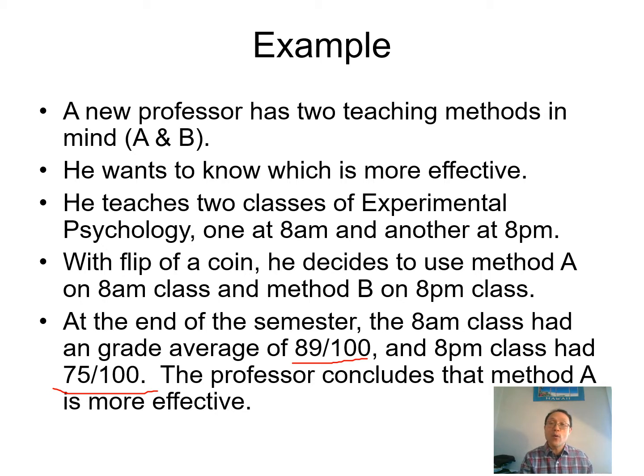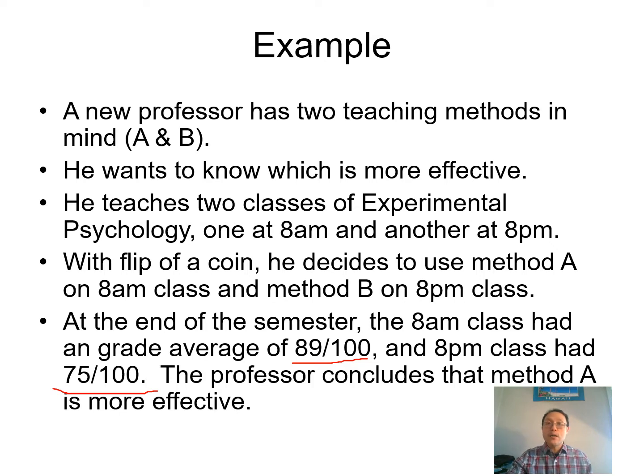They can focus only on schoolwork. So there are various types of reasons that could contribute to these different grade averages of 89 versus 75, right? It's not necessarily the teaching method, but rather it could be other explanations too, right?